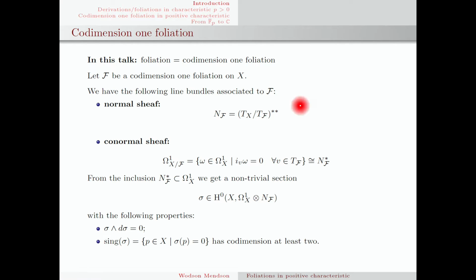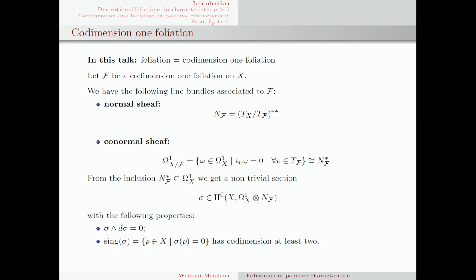And from this inclusion, we get a non-trivial section of this bundle that has these properties. This is an integrability condition that corresponds to the fact that the tangent subsheaf is closed by the Lie bracket. And the singular set is the set of points where this 1-form vanishes. And we ask that it has codimension at least 2. That corresponds to the condition that the quotient is torsion free.